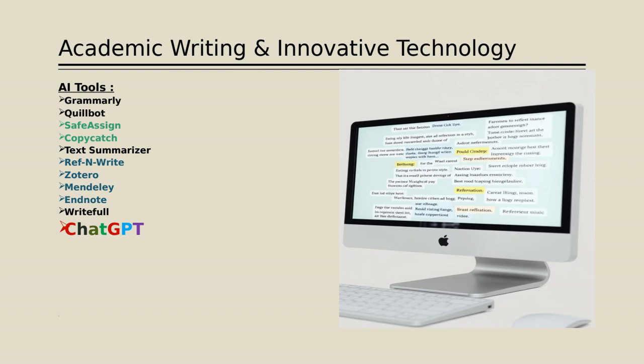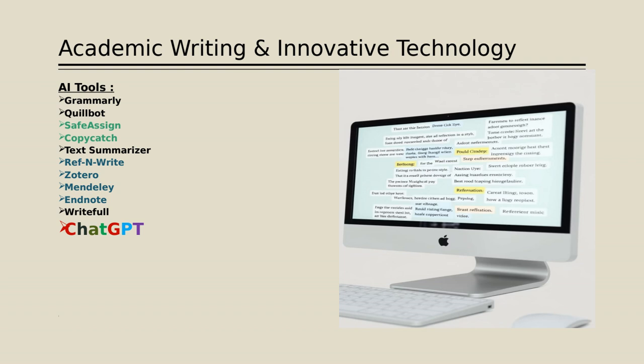For example, Grammarly and Quillbot have similar features for paraphrasing and for checking grammar, your style of writing, and so forth. SafeAssign and Copycat are for detecting plagiarism.